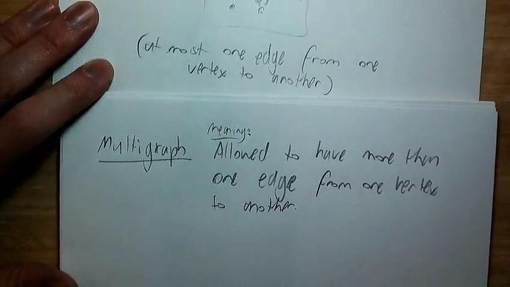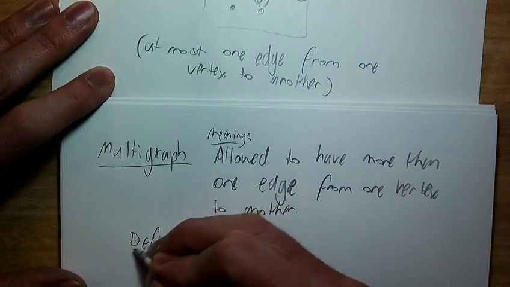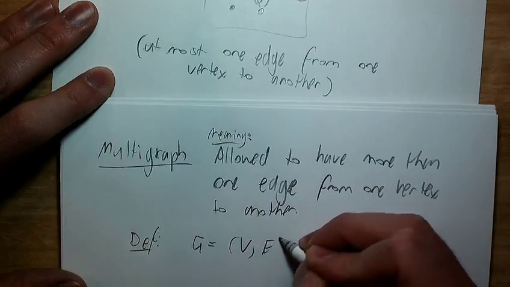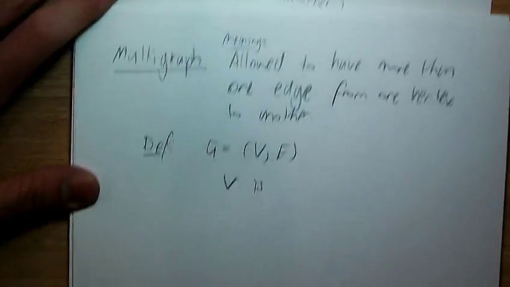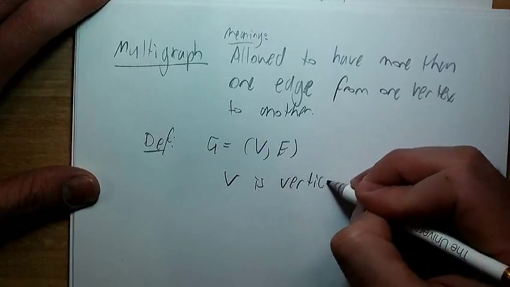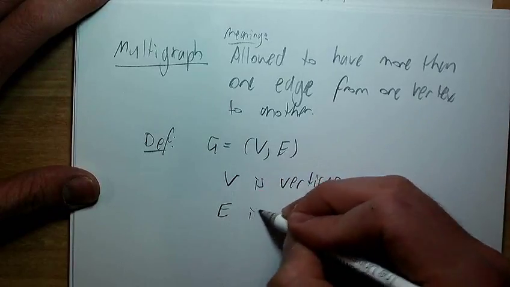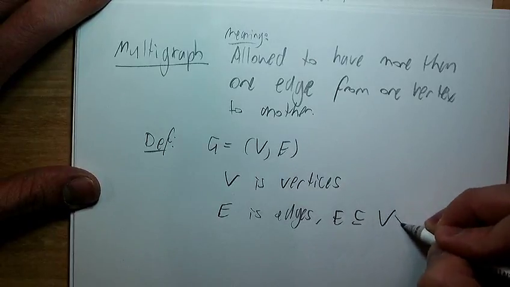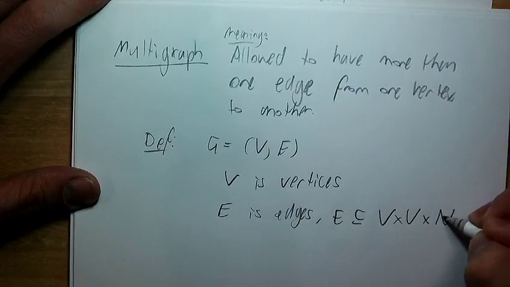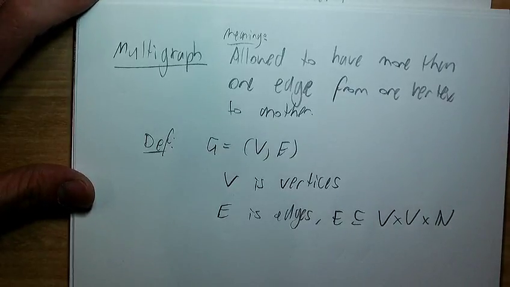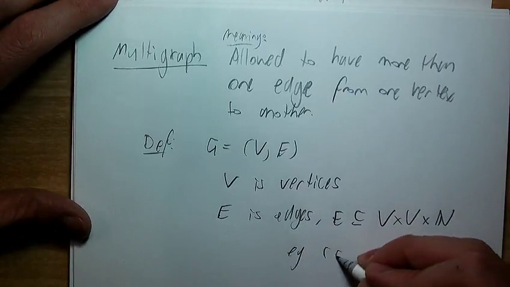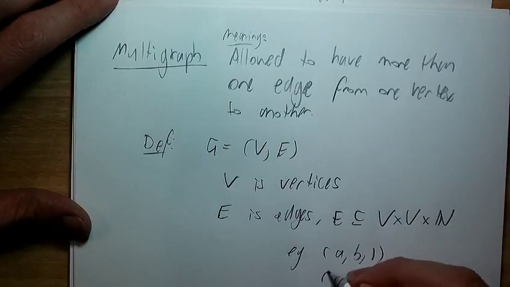The definition is that a multigraph G is a pair of vertices and edges. V is the vertices and E is the edges, and E is a subset now of V cross V and the natural numbers. So, for example, you can have point A, B, edge number 1, and A to B, edge number 2, etc.